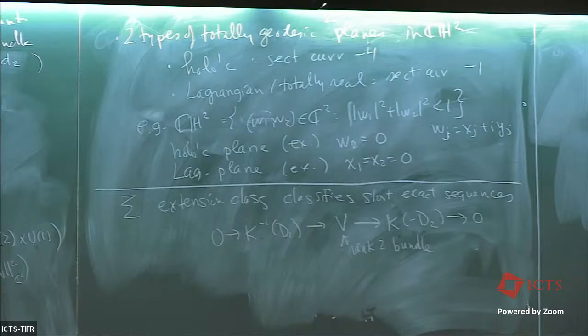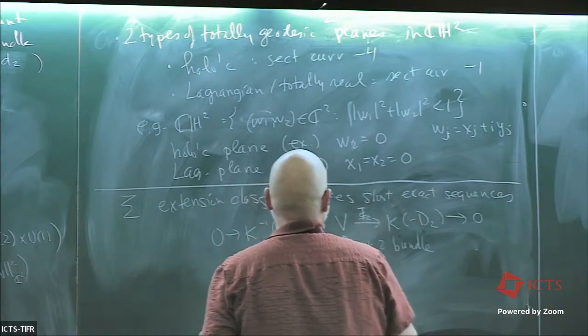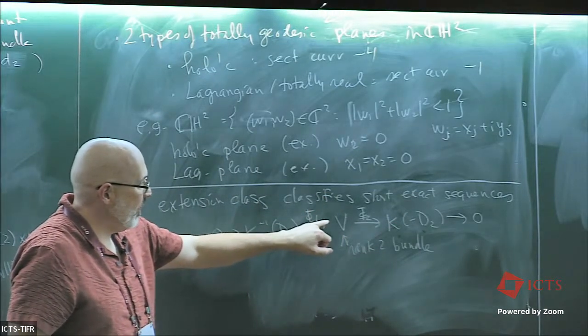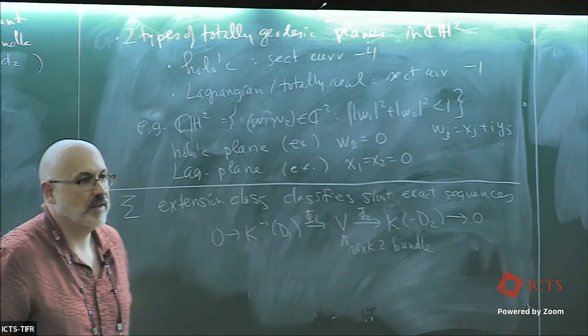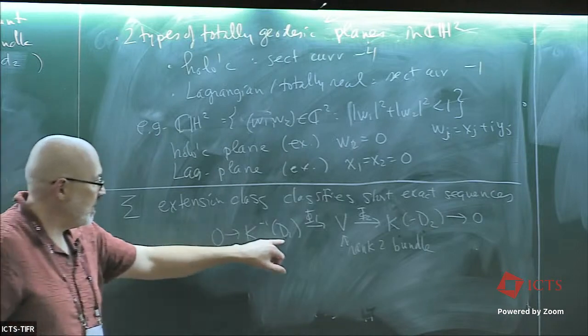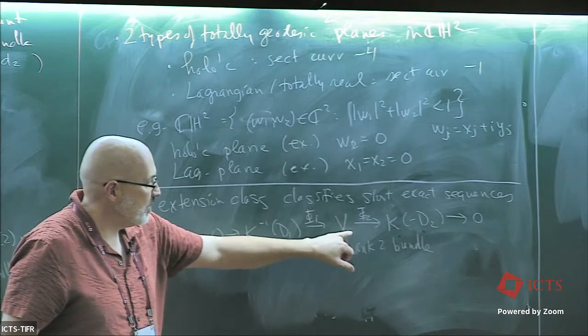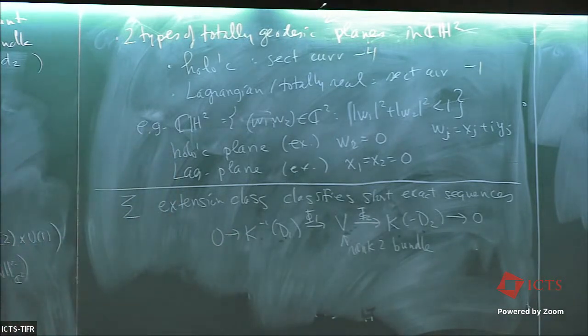So we want not only this vector bundle, but there are going to be these phi1 and phi2, and these are going to be two components of the Higgs field. Okay. So this is going to be a map from a line bundle to a rank 2 bundle. This is going to be kind of a projection from a rank 2 bundle to a different line bundle. Okay.